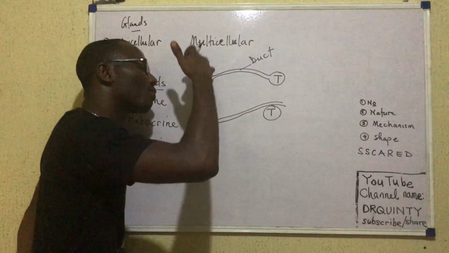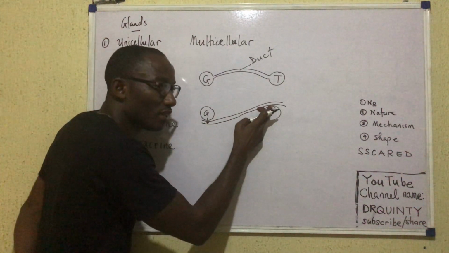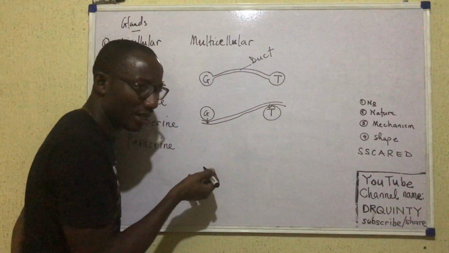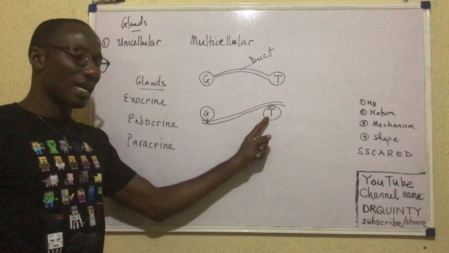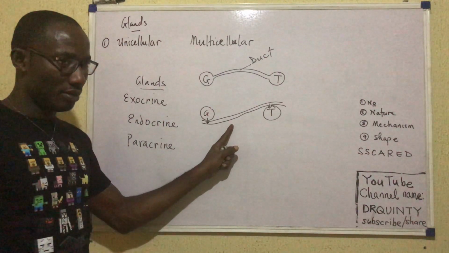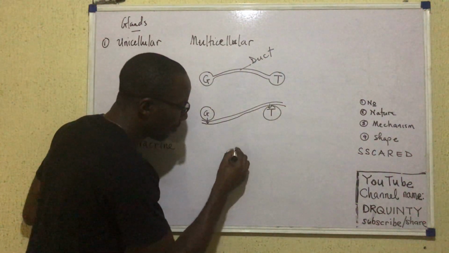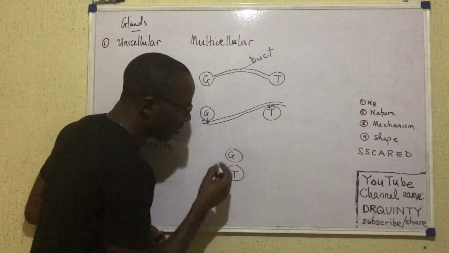Since blood spreads around the entire body, that blood can reach this target organ and then move into the target. So at the end of the day, the secretions have gone from gland to target, not by any tube, but through the blood.